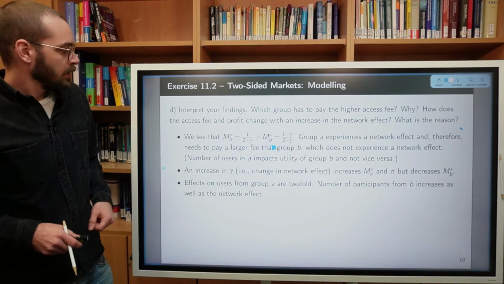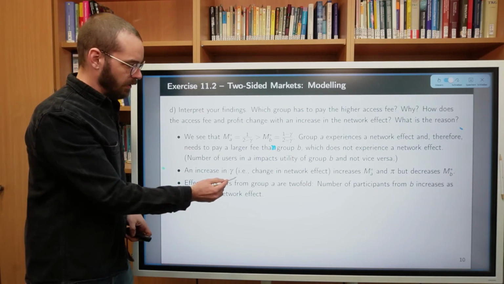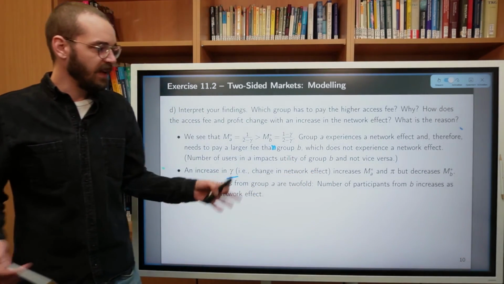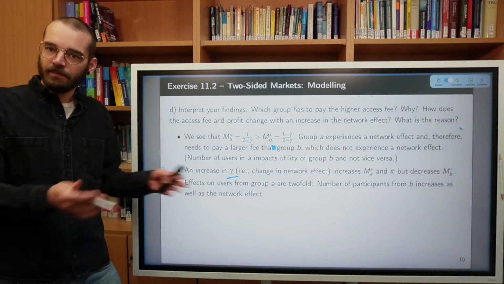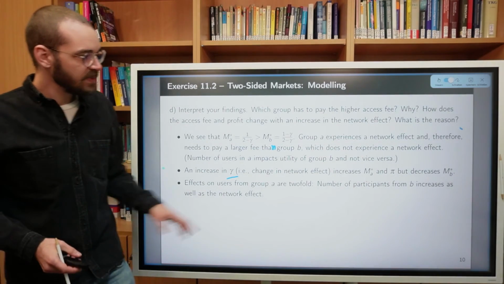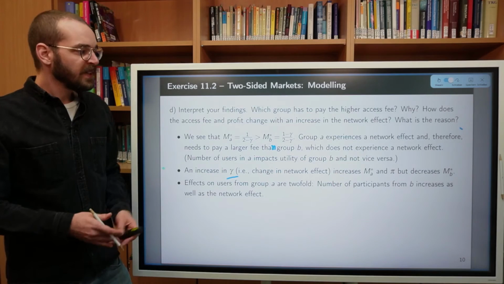All right, so an increase in the spillover effect, so a change in the network effect, increases MA even more, which is based exactly on the argument we just made, and at the same time it will increase the profits as well.